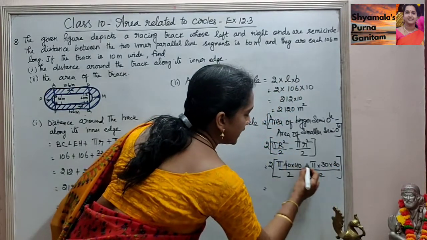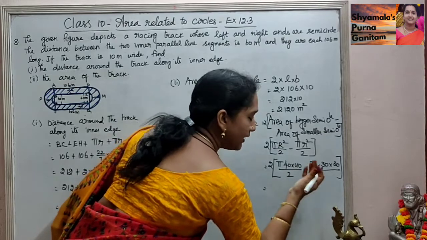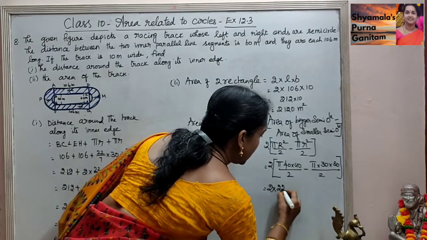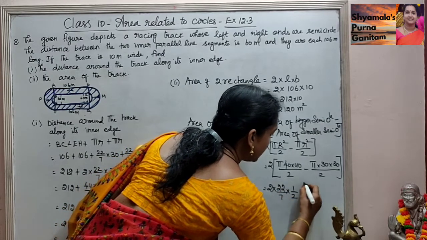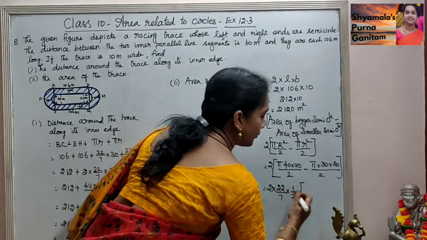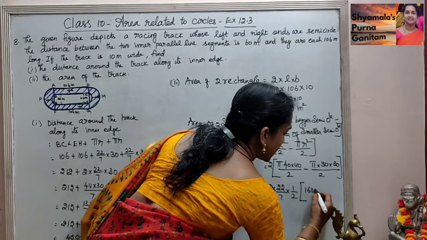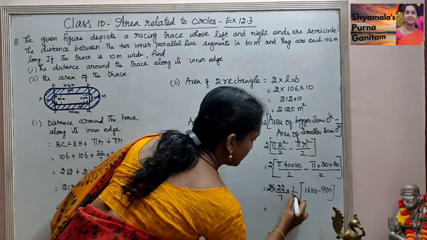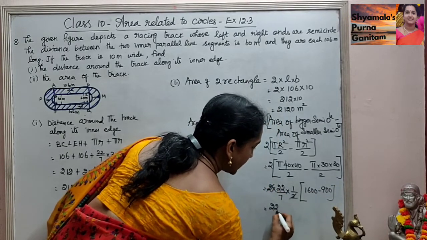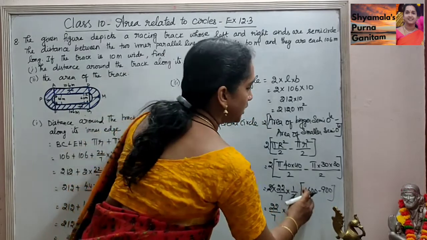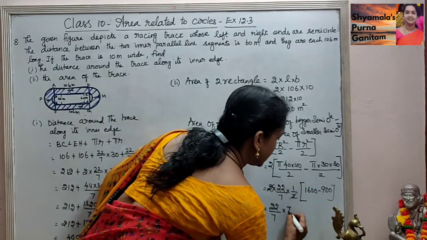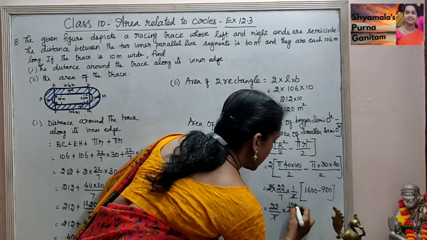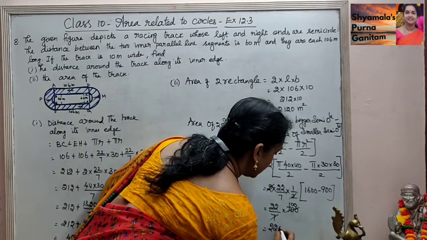We will simplify this. In both these terms we have 2, so we take 2 and pi as common outside. So 2 into 22 by 7 into 1 by 2, and the balance is 40 into 40, that is 1600, minus 900. The 2 and 2 get cancelled. So 22 by 7 into 700, since 1600 minus 900 is 700, we get 2200.